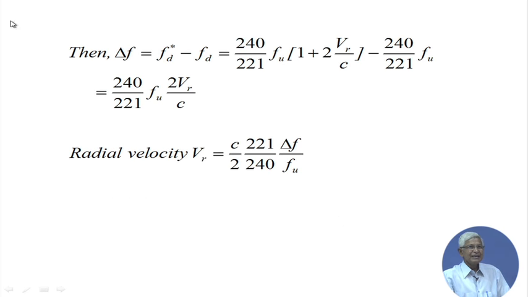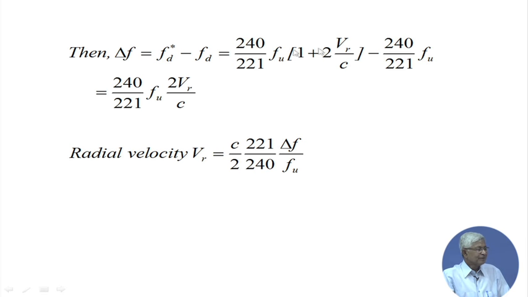Now, the downlink Doppler that the receiver earth station is seeing, that is delta F, will be Fd star minus the downlink frequency it is supposed to be. So, it will be 240 by 221 Fu into 1 plus 2 into Vr by c, minus the expected downlink frequency, which is 240 by 221 multiplied by Fu.